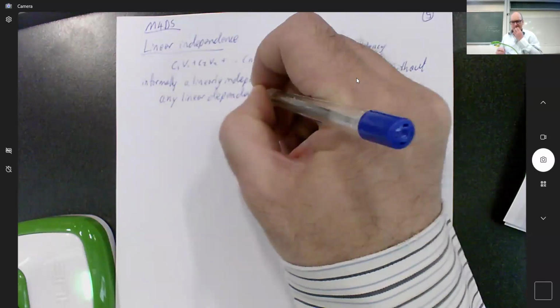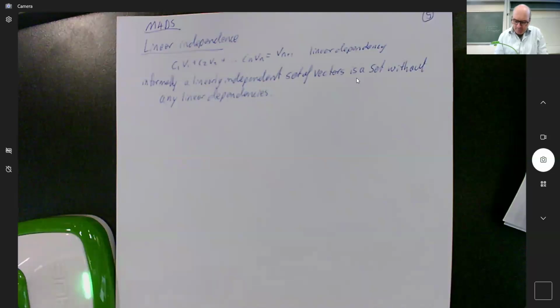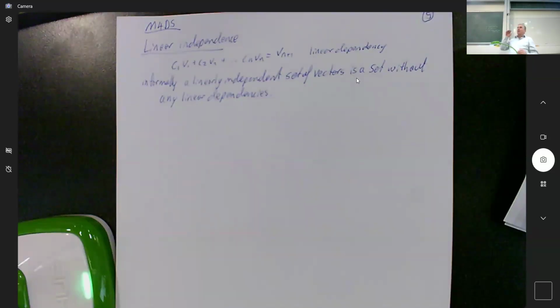All right. So there's a couple of things that we're going to talk about in terms of the language, right? When we say linearly independent, we must be talking about some vectors. The term doesn't make sense unless I'm talking about some vectors.